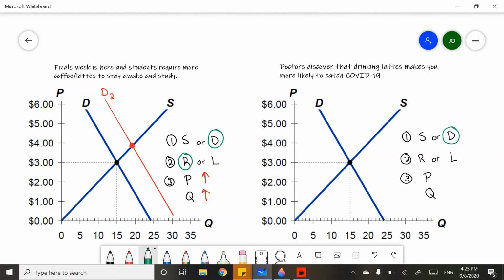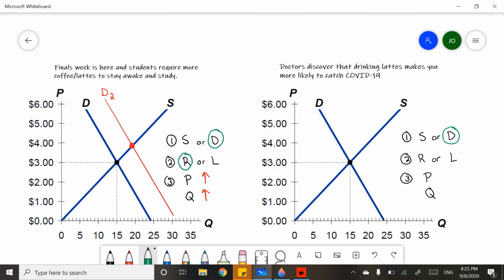Why is it demand? Well, for starters, even though this is a silly example, if we discover that a certain activity, drink, or food makes you more likely to catch COVID-19, then logically there will be less demand for that item.